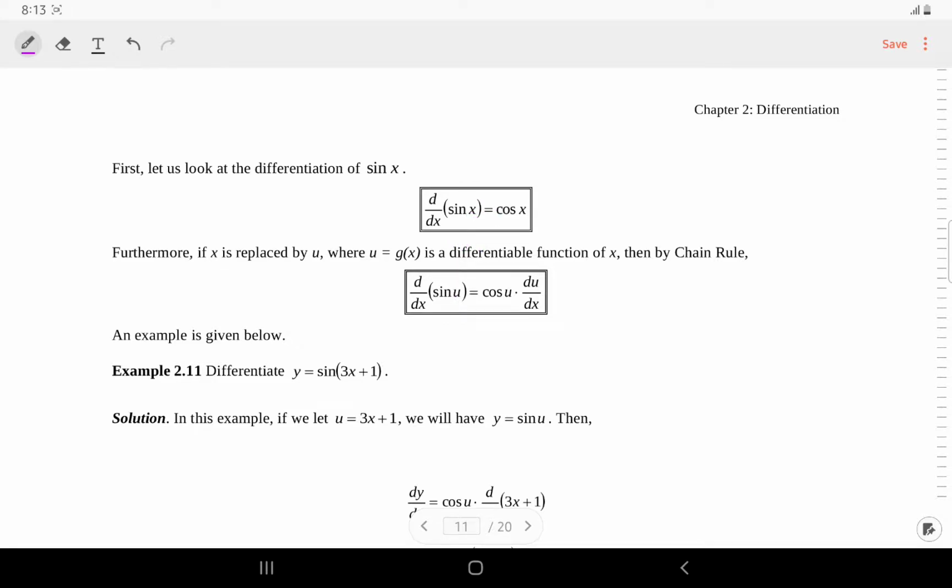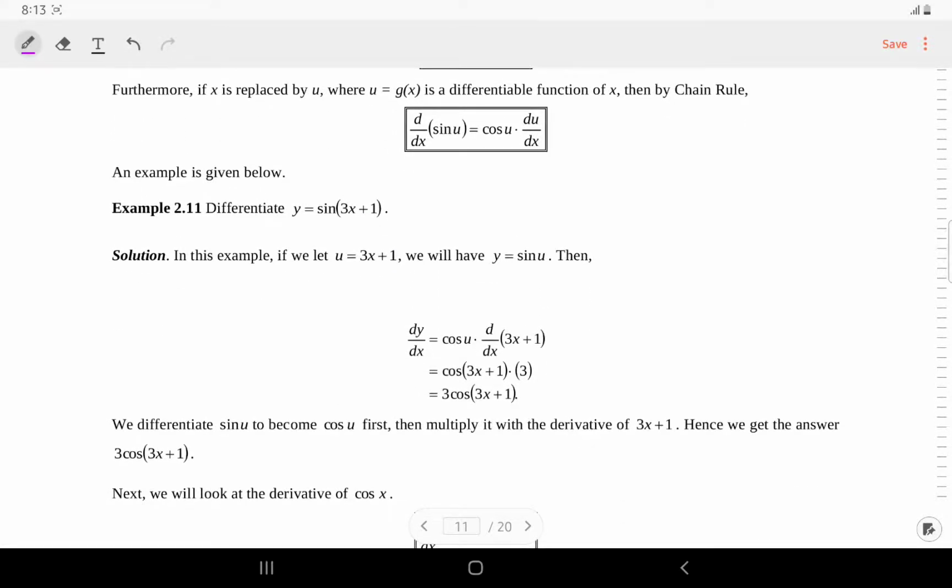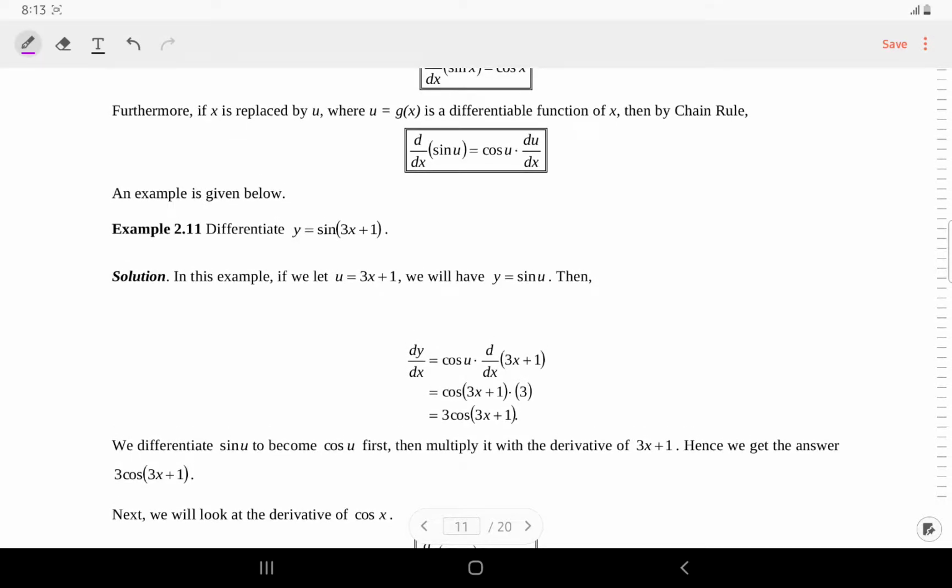Okay. For example, we want to differentiate sine 3x plus 1. Okay, depan dia bukan x saja. Try sine 3x plus 1. Okay, so in this example, we want to use chain rule. So we will let our u equal the simplest form, which is 3x plus 1. Okay, dekat depan u, dekat depan sine ni. Okay, kita pilih depan sine semua.